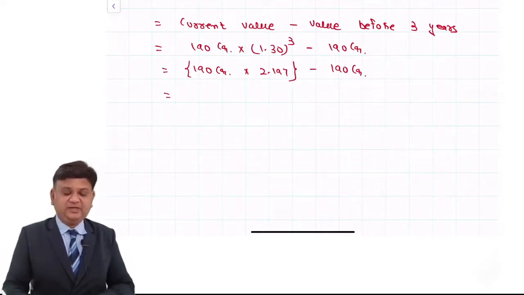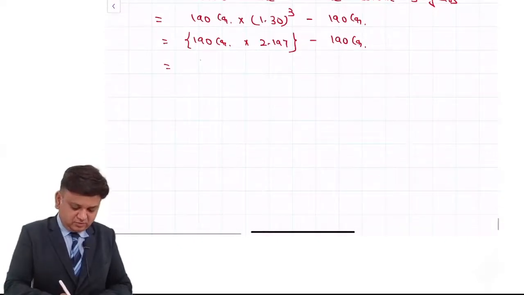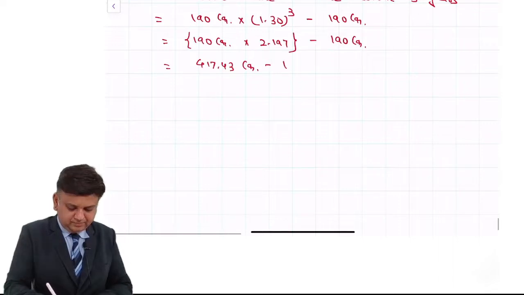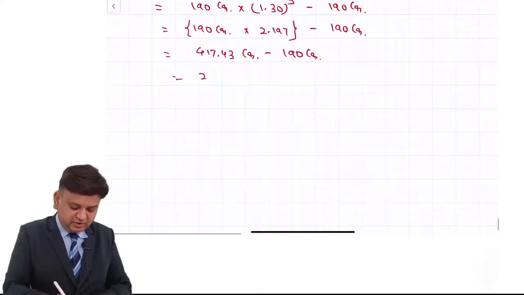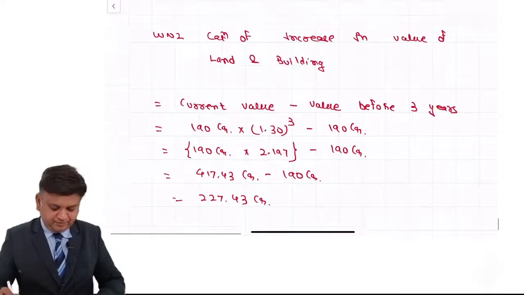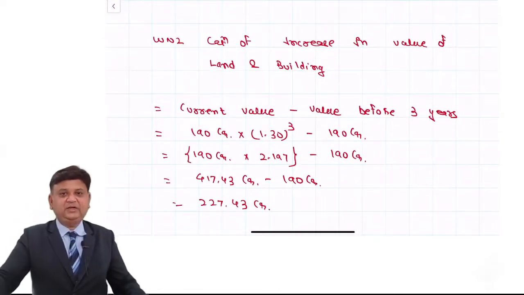So 417.43 crore minus 190 crore. So 227.43 crore. This is what we understand is the value of the land and building increase.